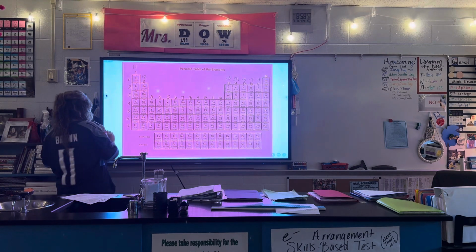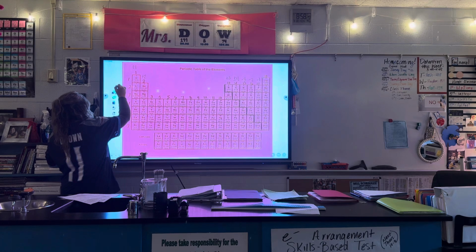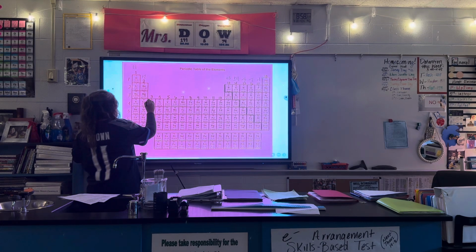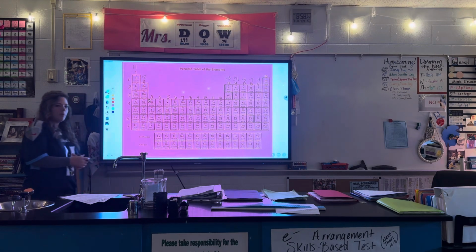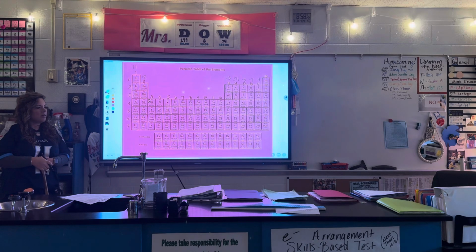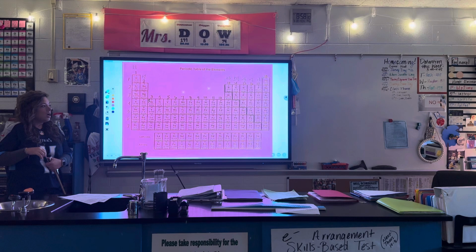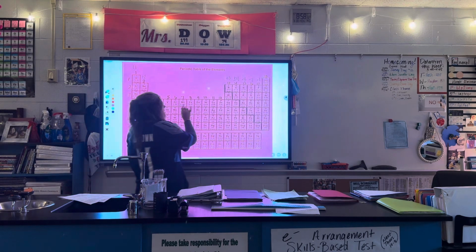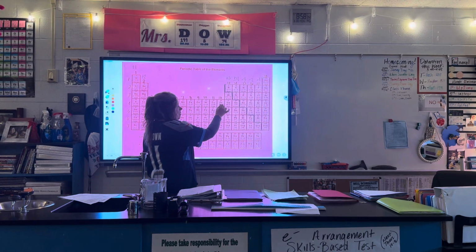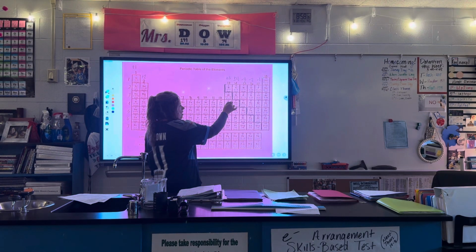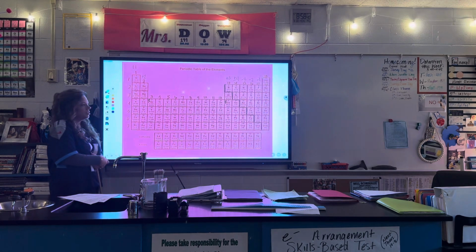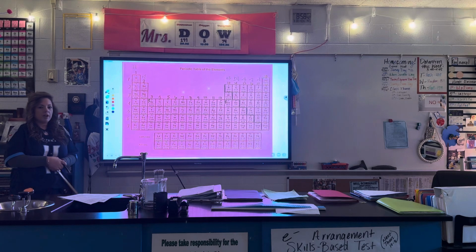Next, right here on scandium, I would put a 3 so that you can remember that once you get to the D block, it's not going to be row 4, it's going to be row 3. But that's only the D block that's shifted down a number. When we get back to the P block over here, we're back at row 4, so maybe on gallium you might want to write a 4 in that box.